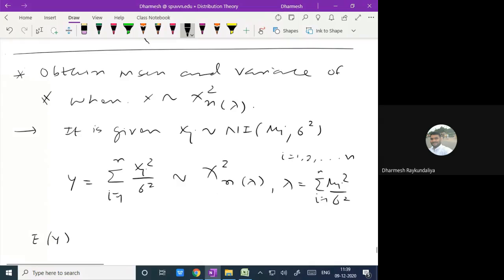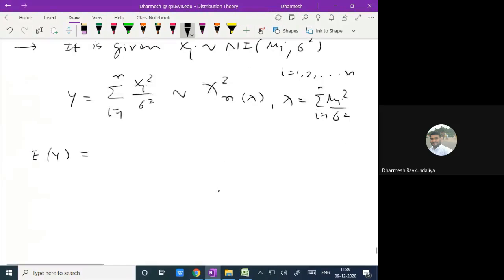Let us say y. The mean of y is nothing but the expectation of summation i running from 1 to n of xi square upon sigma square.